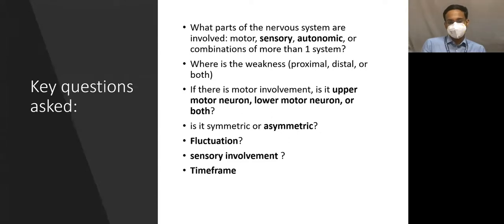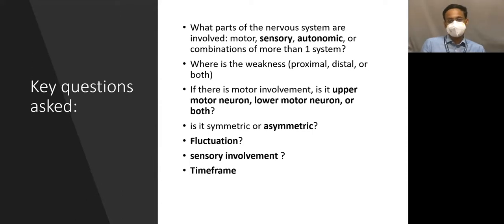As in any disorder, one always starts with: what is the extent of the involvement? Is it involving the motor, sensory, autonomic, or is it only motor? And if it is motor, meaning weakness, what kind of weakness is it? Is it suggestive of an upper motor neuron kind of weakness, or a lower motor neuron kind of weakness, or is it both?